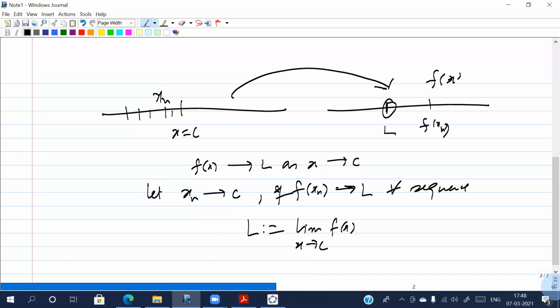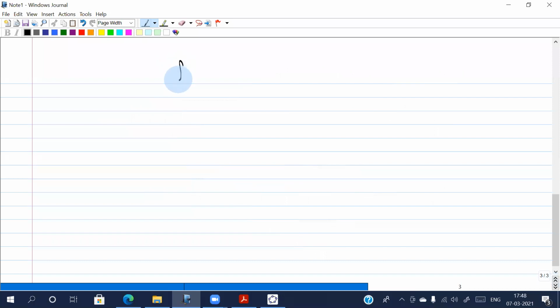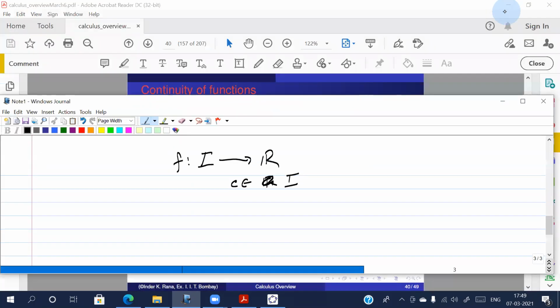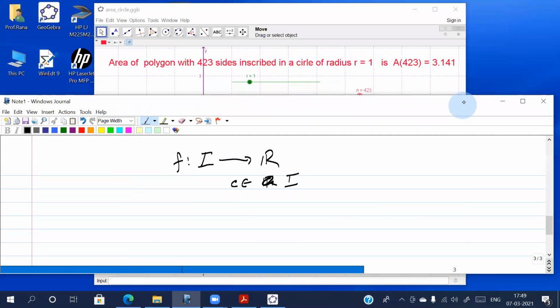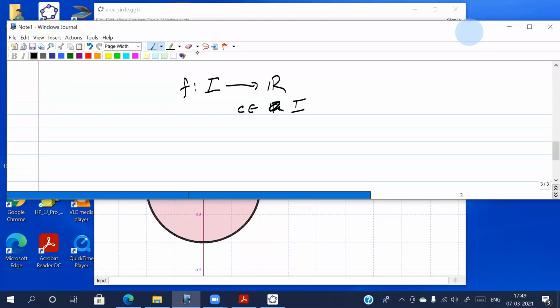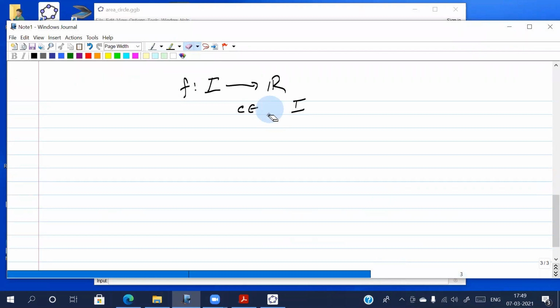So let me go over this. f is a function defined on a domain I to R, and c is a point in R. c is a point in the domain I. c is a point in the domain, so I know what f(c) is.